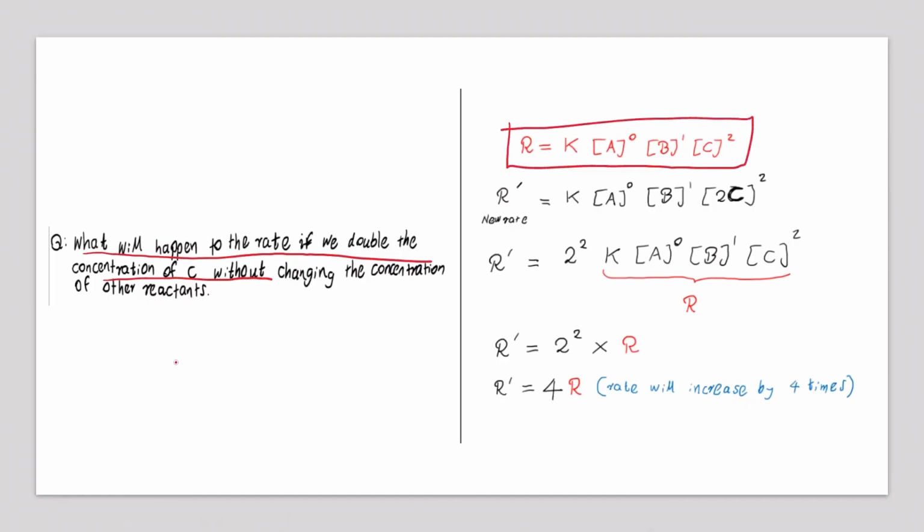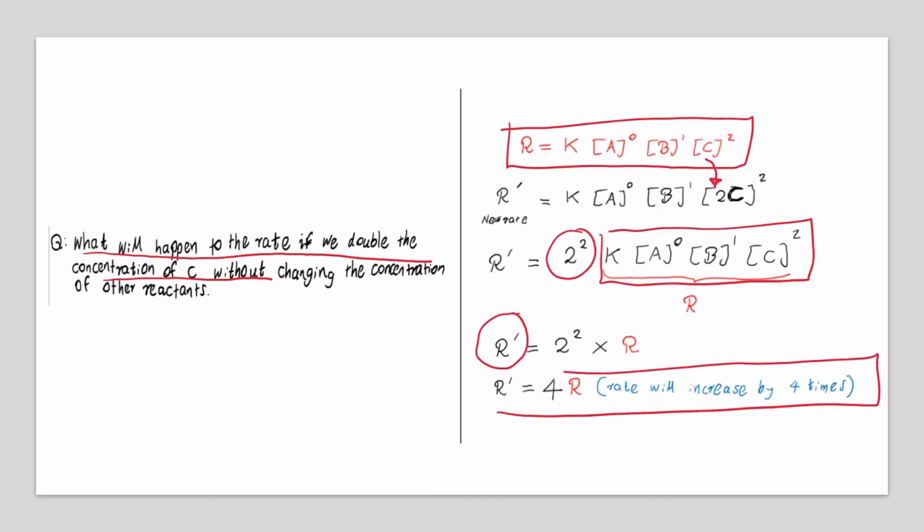I'm again going to take this number to the front: 2 to the power 2 comes to the front. Remaining is the initial rate. So the new rate is 2 to the power 2 times the initial rate. 2 to the power 2 is 4. That means when we double the concentration of C, the rate increases by 4 times.